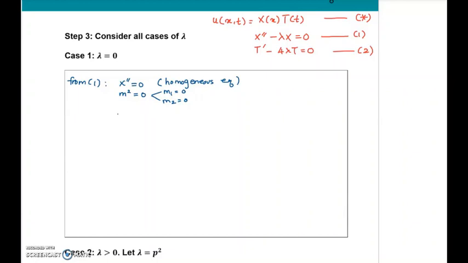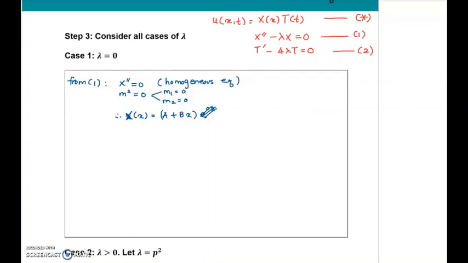In that case, the solution should be in the form of a plus bx, multiplied with the exponent m1 or m2, which is 0. Basically we don't really write that part, so X is a plus bx. That's the equation for the X.